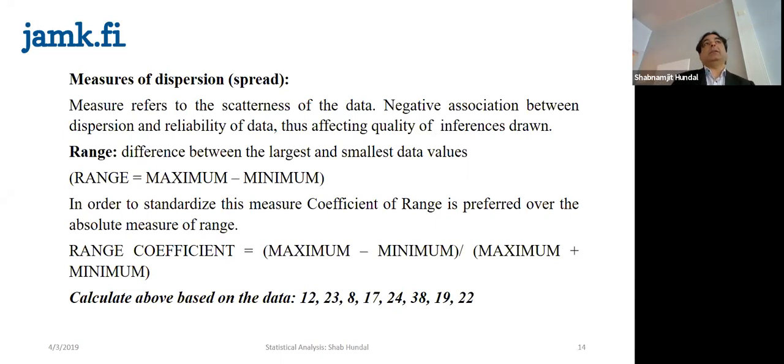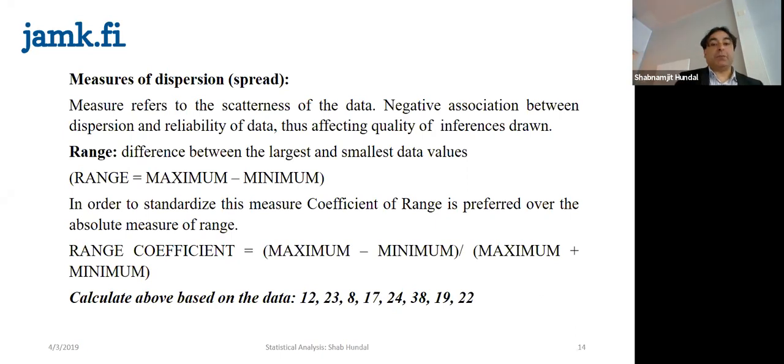It means that the data is scattered, I will not say inconsistent, I would say non-consistent. All right. This is a little bit about dispersion, but I will explain a little more about it subsequently. But the scatteredness is more.